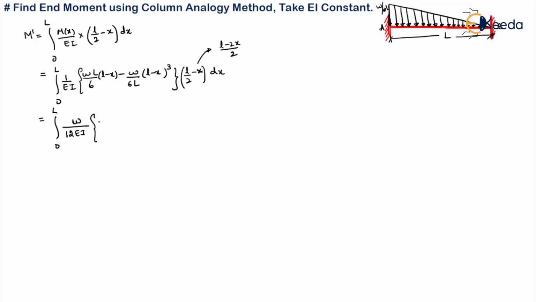So what will remain in the numerator? (L − x), 6 is already come out, into this will come inside. So (L − 2x), then minus, here W we have taken common, so (L − x) whole cube into (L − 2x), divided by L. This much quantity will remain into dx.